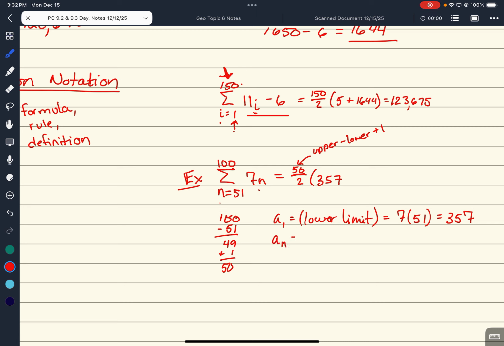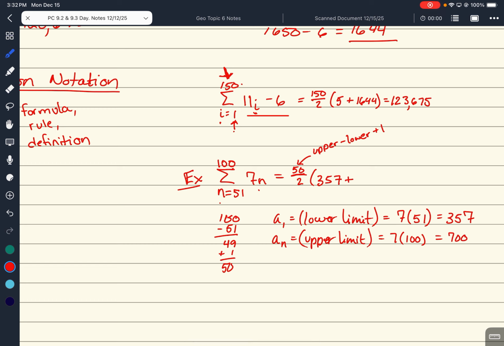A sub n is the upper limit. So 7 times 100 is what? 700.